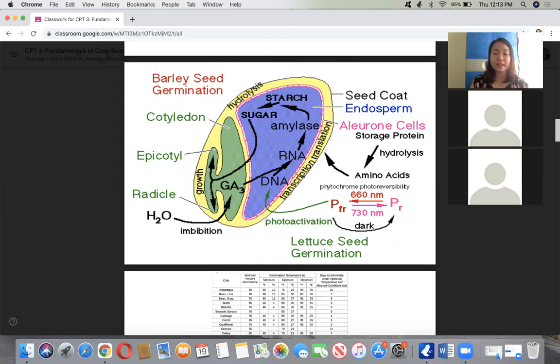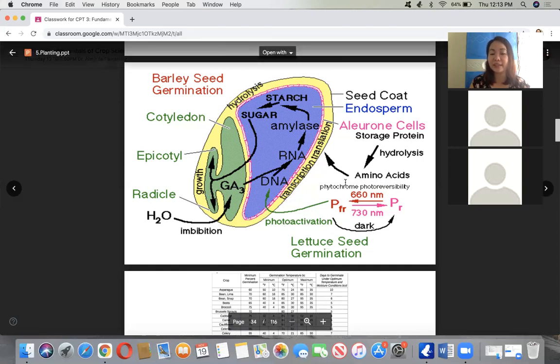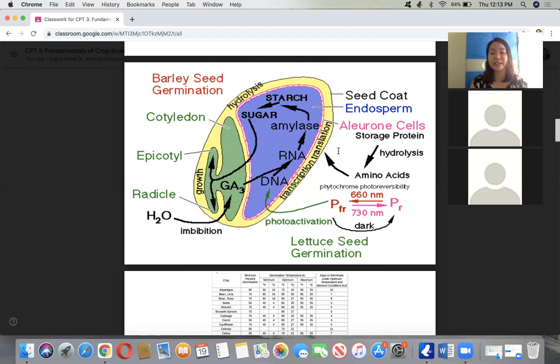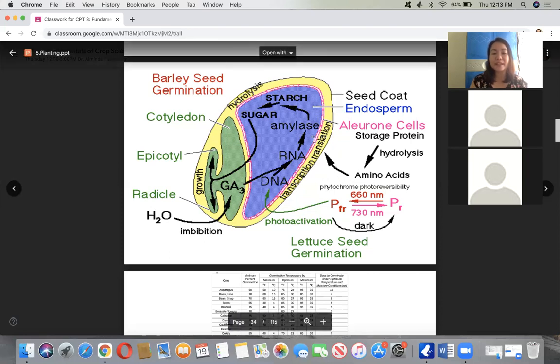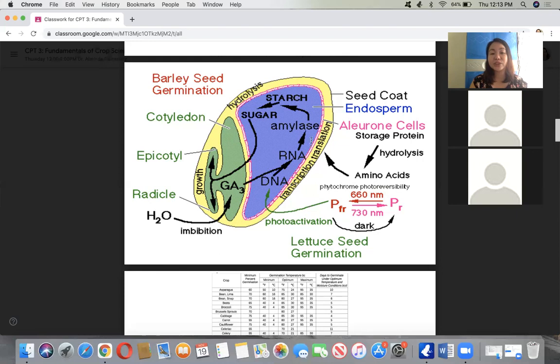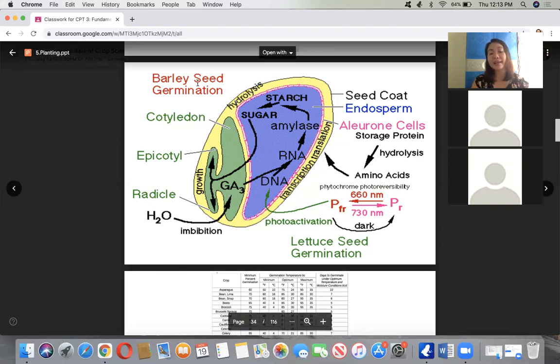Although it's not really necessary in general crops, lettuce needs light for germination. It's only for particular crops like lettuce, which need light to photoactivate the DNA and RNA transcription and translation. So this is what happens in the seed germination of a normal barley seed.